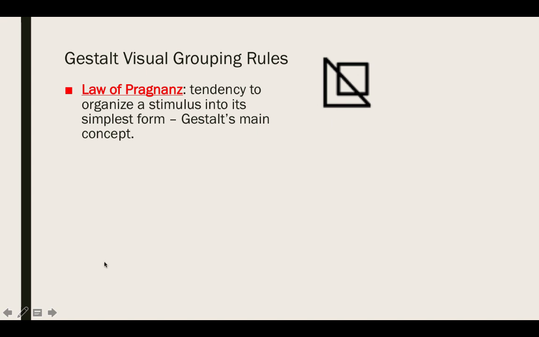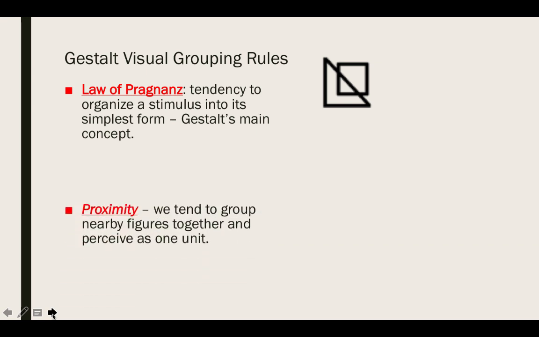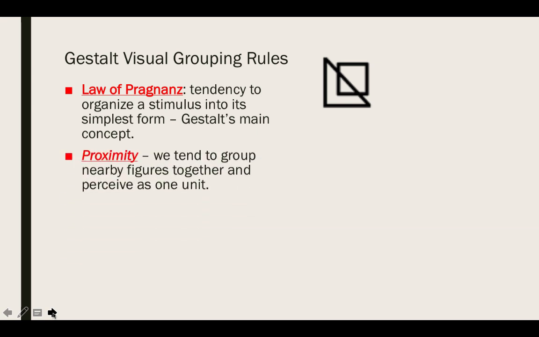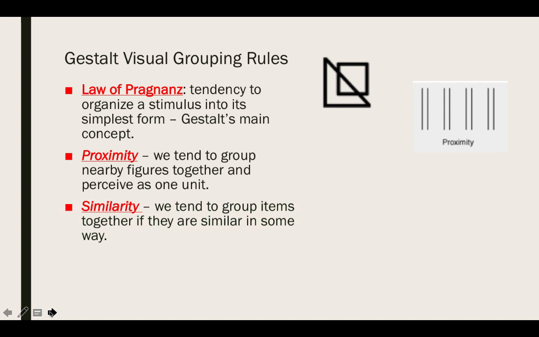We probably perceive two shapes, and the law of Pragnanz would explain why that happens. Proximity: we tend to group nearby figures together and perceive them as one unit. So it's likely in this image we probably see 4 columns instead of 8 separate lines because the lines that are closer together are perceived as one unit and separate from the others. That's proximity.